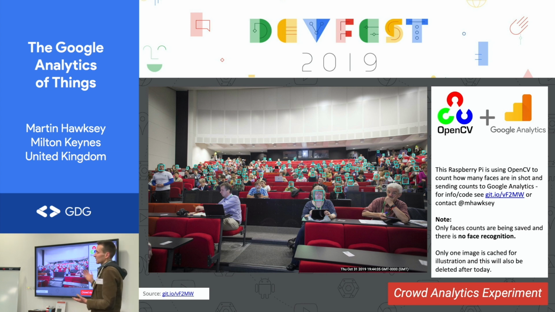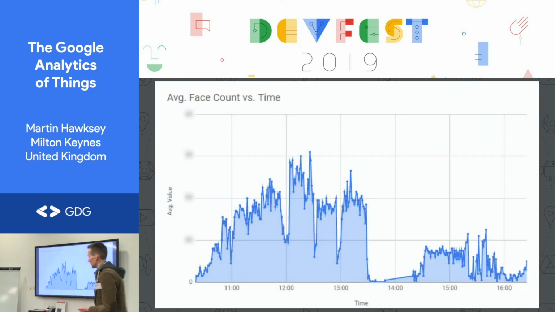All this is doing is just counting faces. We're not doing any face recognition here. All it's doing is counting how many faces it can see in the room, and then pushing that data. You can actually see this camera was in one of the rooms throughout the event.